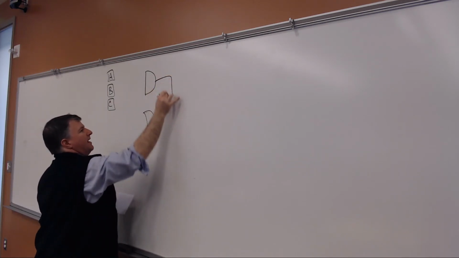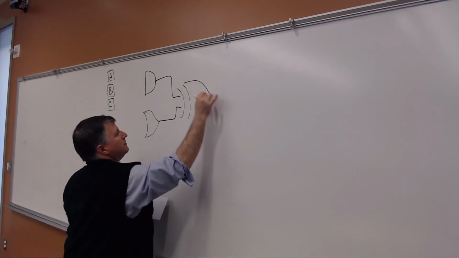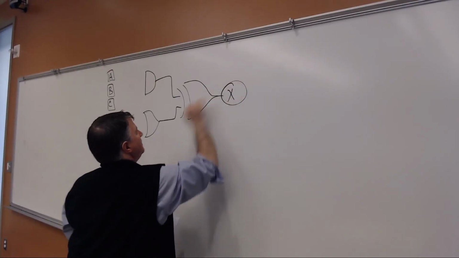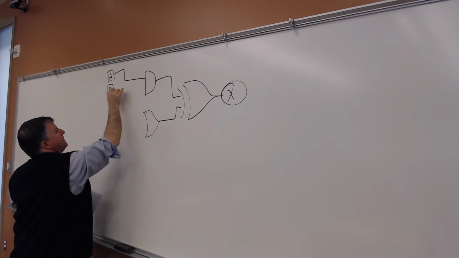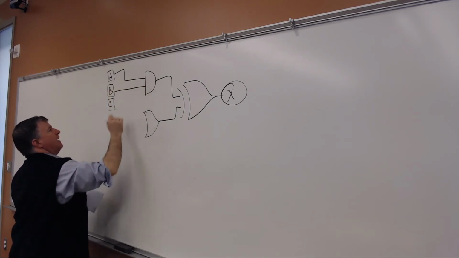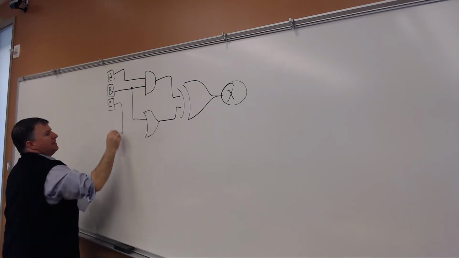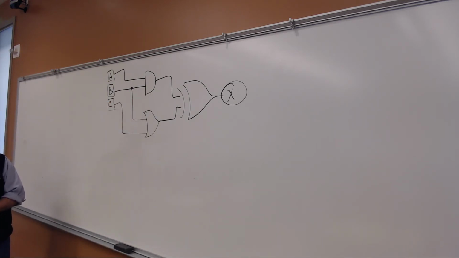Both of these are going to come out and go into an exclusive OR gate, which is going to lead out to an LED called X. My A and my B are going to go into this top AND gate. My B is going to come down to this OR gate, and my C is going to come down to this OR gate. I'll give you a minute to write that down.